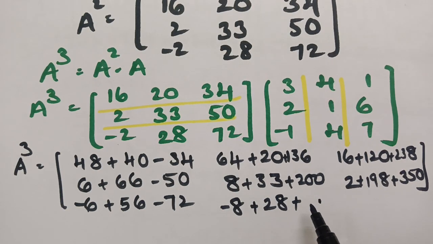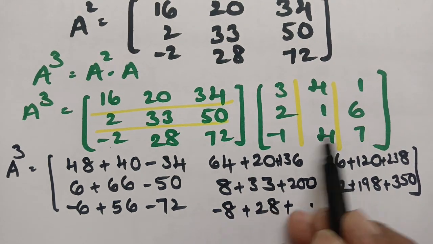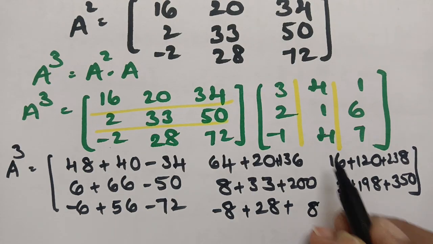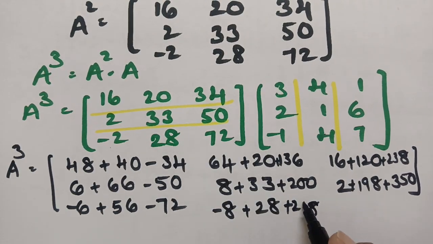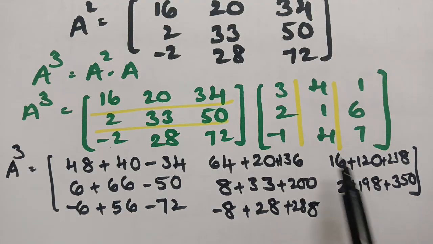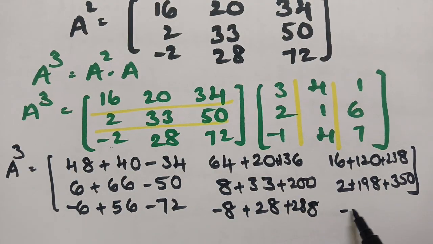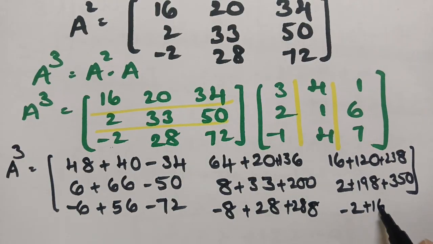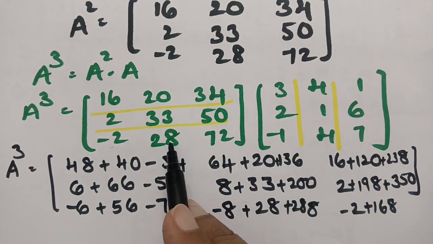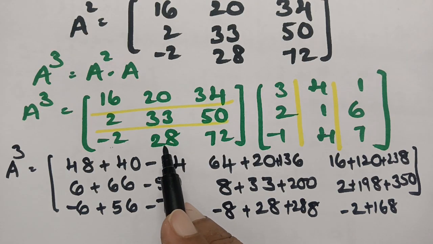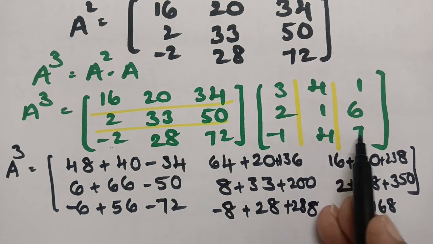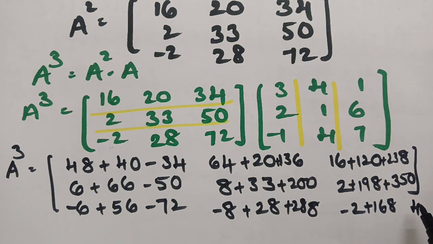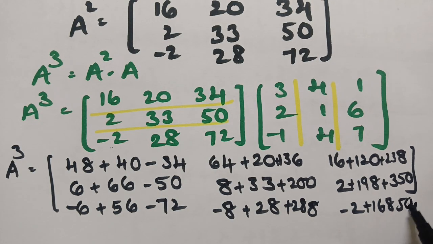So 4 into this one. So 4s are, wait. Yes, 4 2s are, the value here is 8, and this is 4 7s are, the value here is 28. And the next thing is minus 2 into minus plus 1, 28 into 6. So this is 168, 48, 4, 12, 13, 14, 15, 16, correct. And next one is, this is 14, 1, 49, 50. So this value is 50.